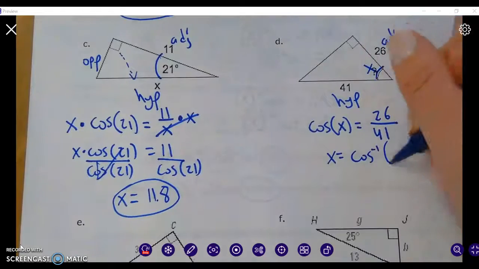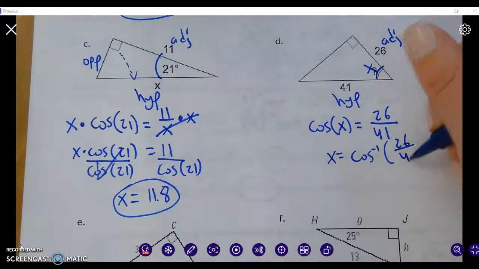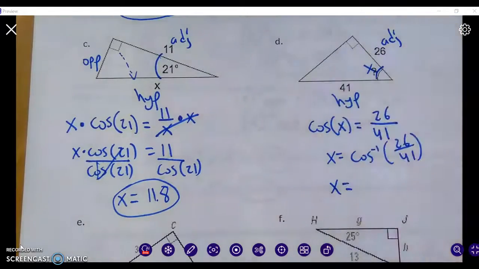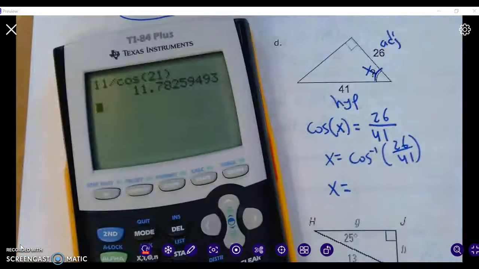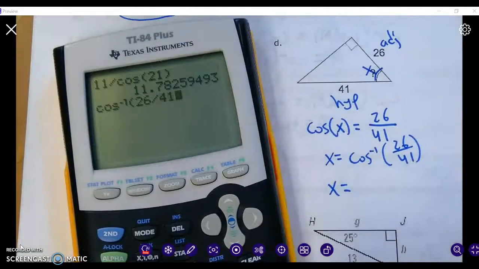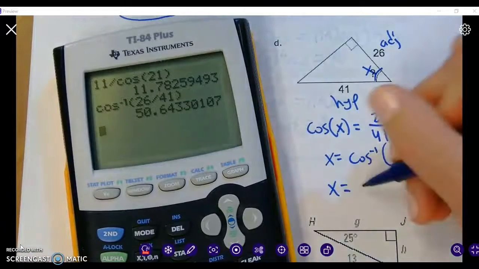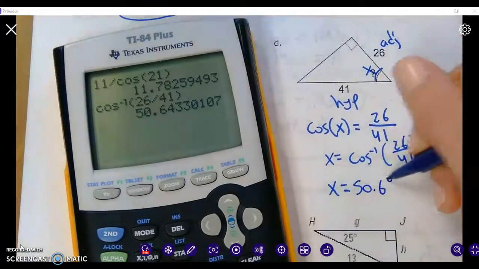So you're going to use inverse cosine of 26 over 41. Type that in your calculator and get your answer. 26 over 41.